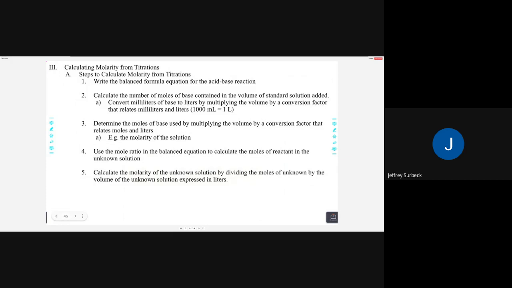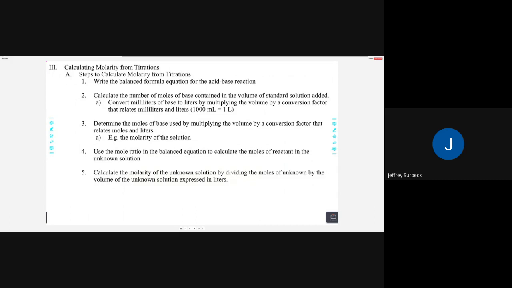Now, here's our example problem, our steps to do our example problem. We combine chapter 15 stuff on solutions, which I'm gonna give you the formula, and stuff on chapter 12, stoichiometry, and we put it into an acid-base equation.